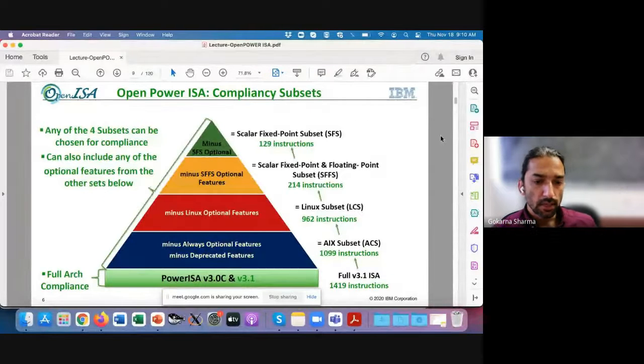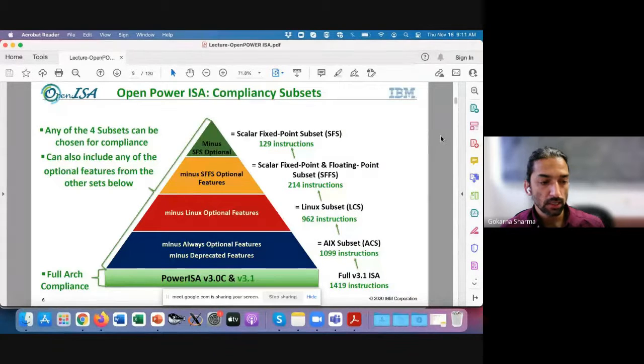Here, this is the compliance subset. If you look into the full version 3.1 ISA, it has 1419 instructions. This is the full architecture compliance, as you can see here on the bottom.